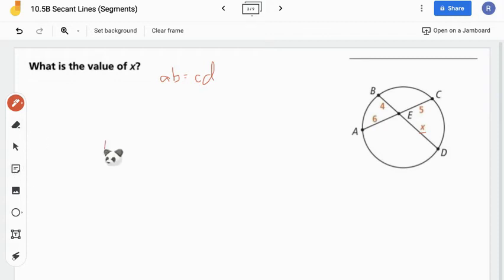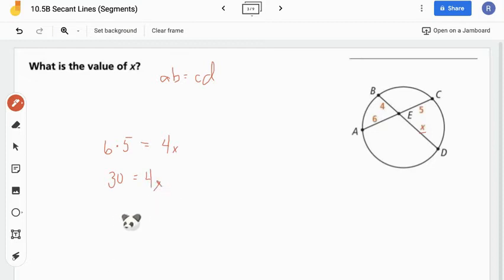So I'm going to say 6 times 5 is equal to 4 times x. Well, 6 times 5 is 30. 30 is equal to 4x.